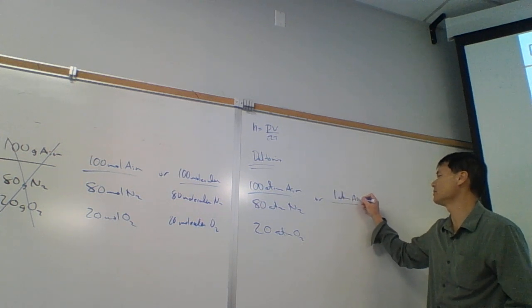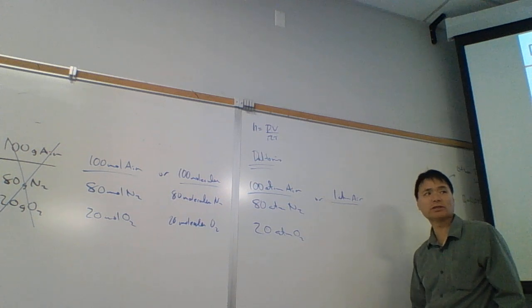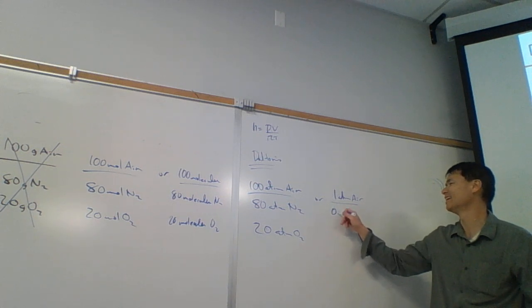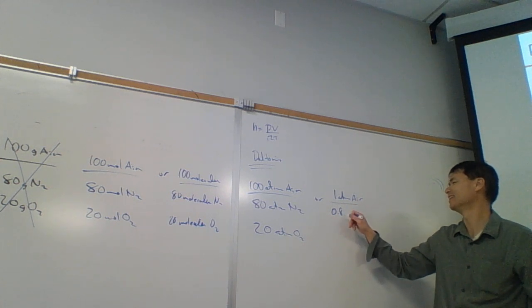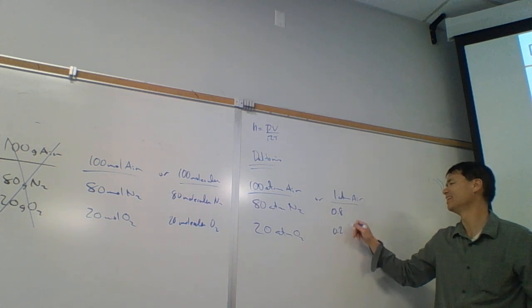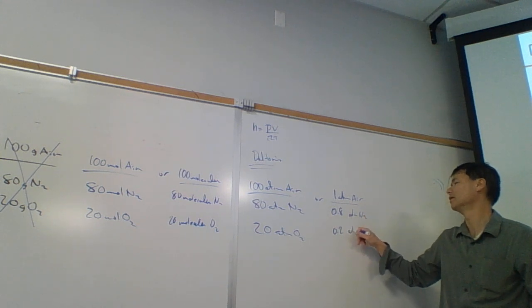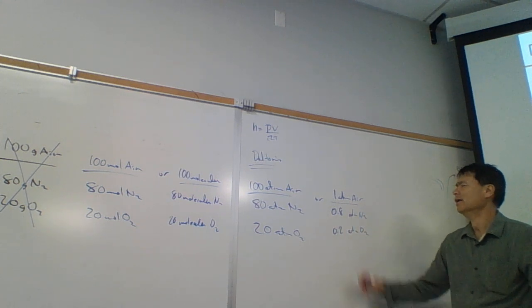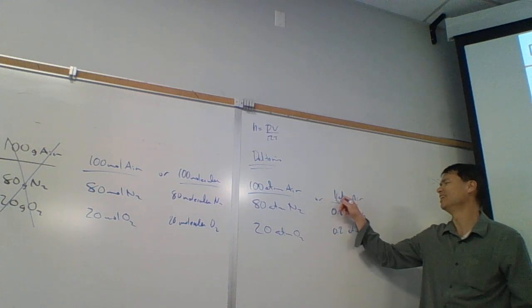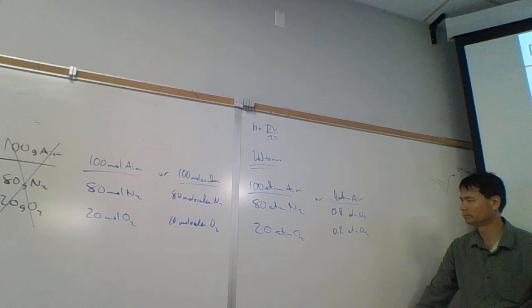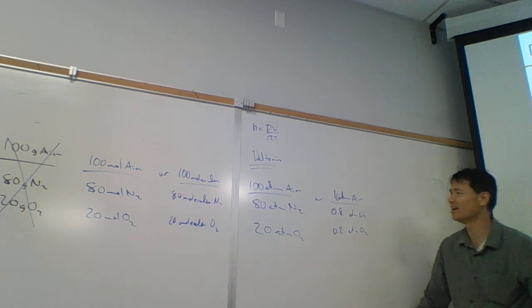So if I have 1 atmosphere of air, how many atmospheres of nitrogen do I have? 0.8. And 0.2. We'll just go with 1.0 atmospheres there. The decimal place is correct. That's Dalton's law.